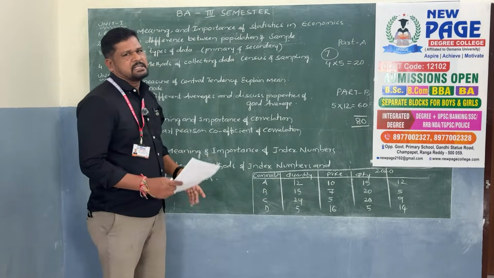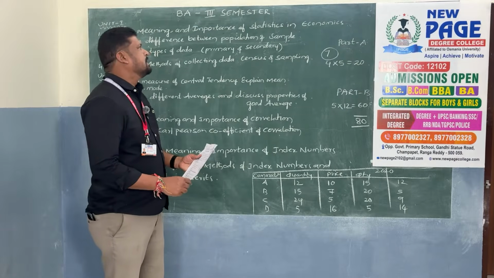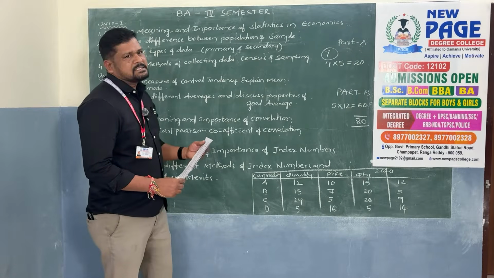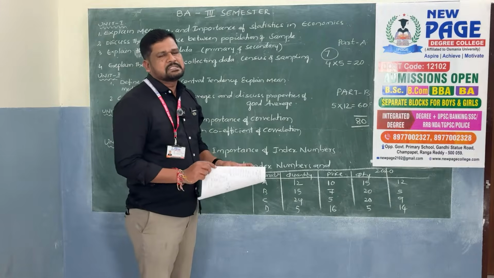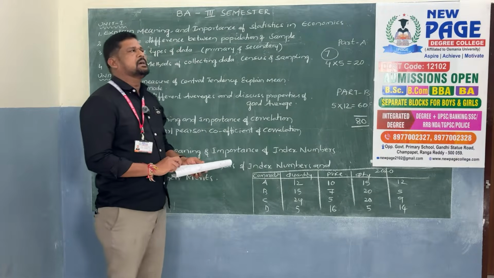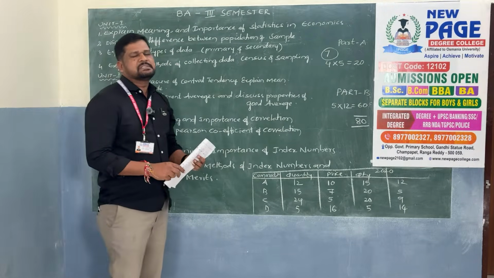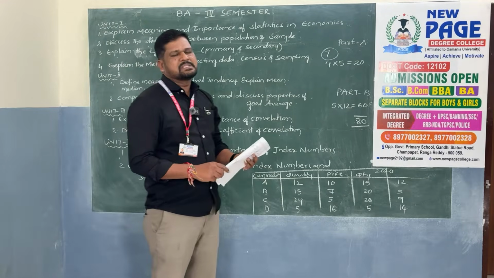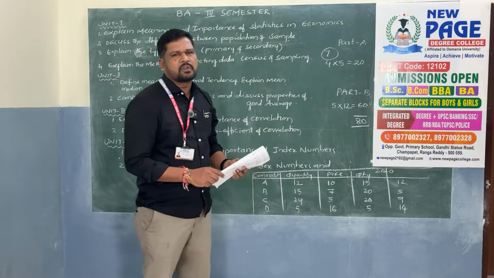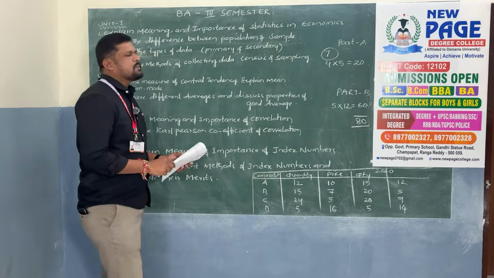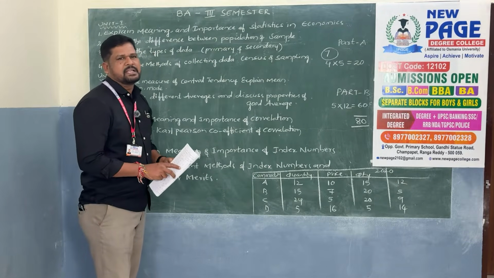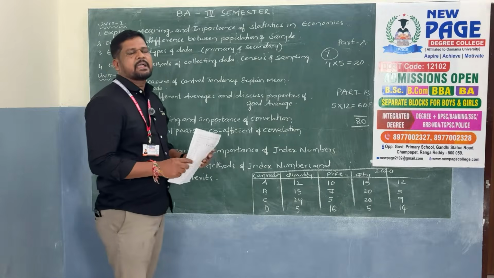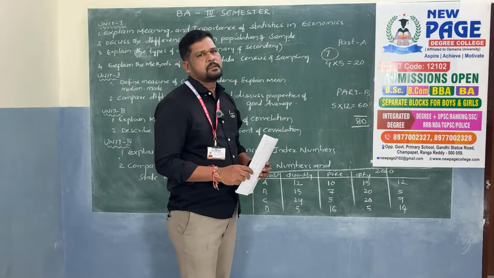What is the importance? First one is understanding economic problems, helpful to business decision making, helpful to economic planning and economic forecasting, formulating economic plans and testing economic theories also.